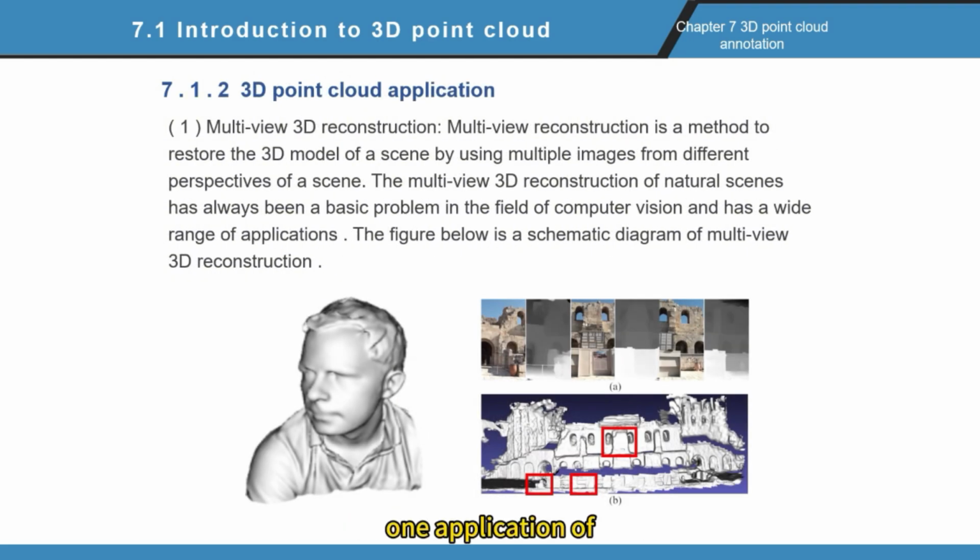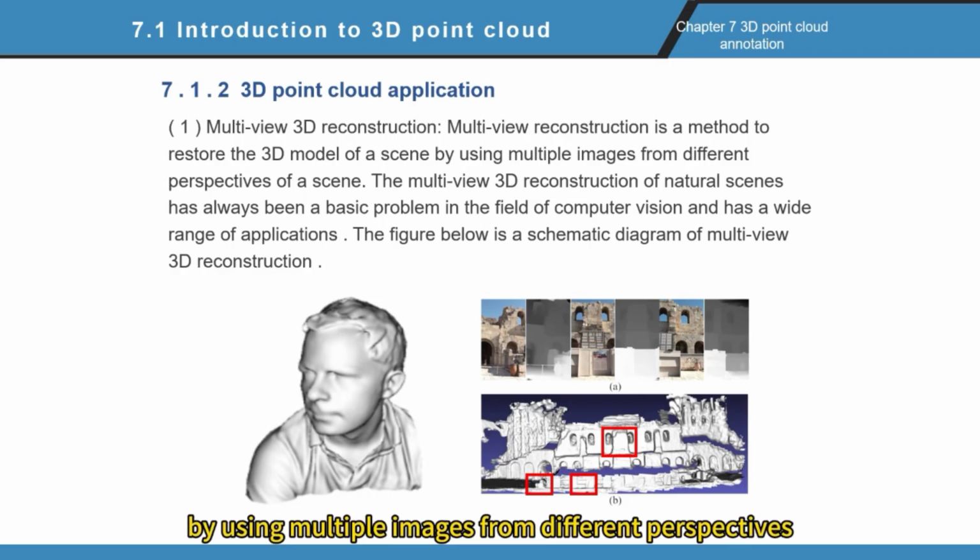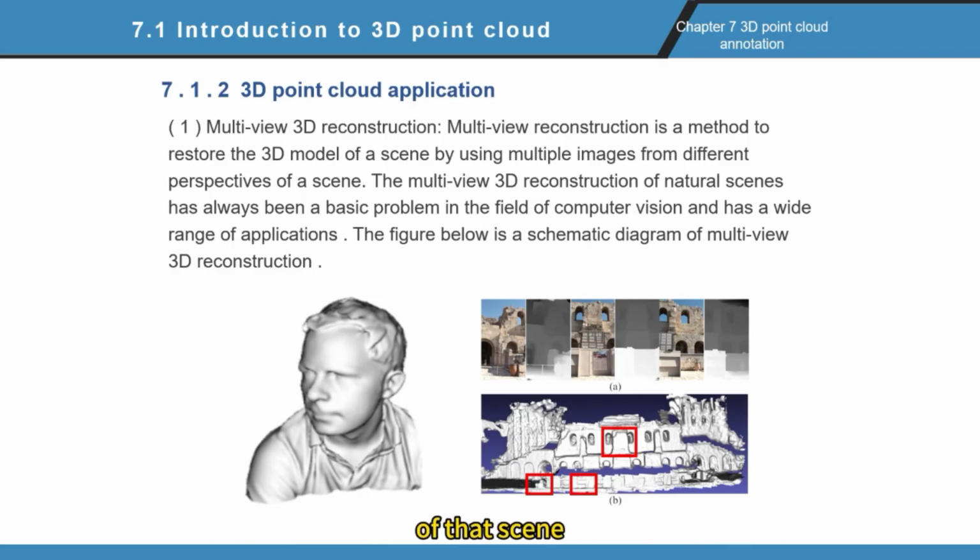One application of 3D point clouds is multi-view 3D reconstruction. This method restores the 3D model of a scene by using multiple images from different perspectives of that scene. Multi-view 3D reconstruction of natural scenes is a fundamental problem in computer vision and has a wide range of applications.